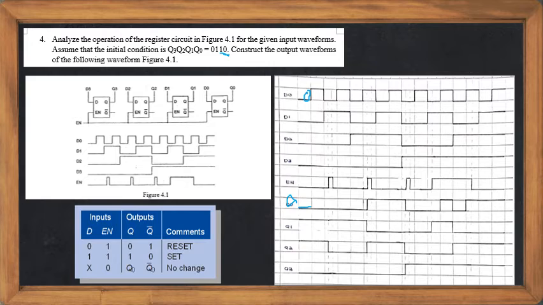When D is 1 and the enable is 0, it will be no change. When D is 0 and the enable is 1, the output will be reset.